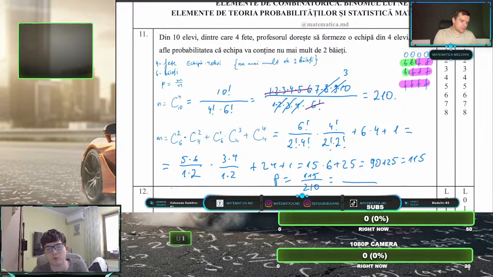Simplifications for max points. No issue for me, I'm gonna be able to do that. 23 right there. And below, what do I have? 42. Okay. So we've got that.